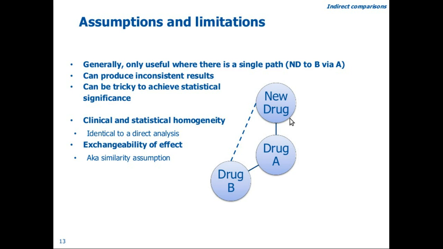As a result, we can get inconsistent results using these types of indirect analysis. Also, due to the additive variance law, we can have a hard time achieving statistical significance even when our new drug is superior to drug B. In other words, indirect analyses suffer from limited statistical power.